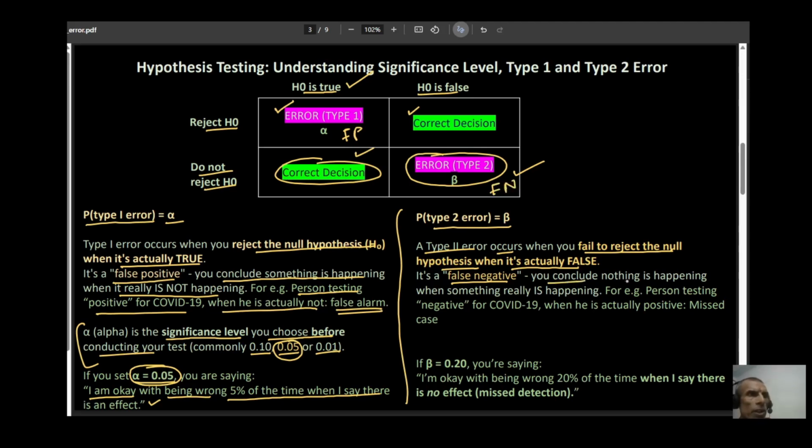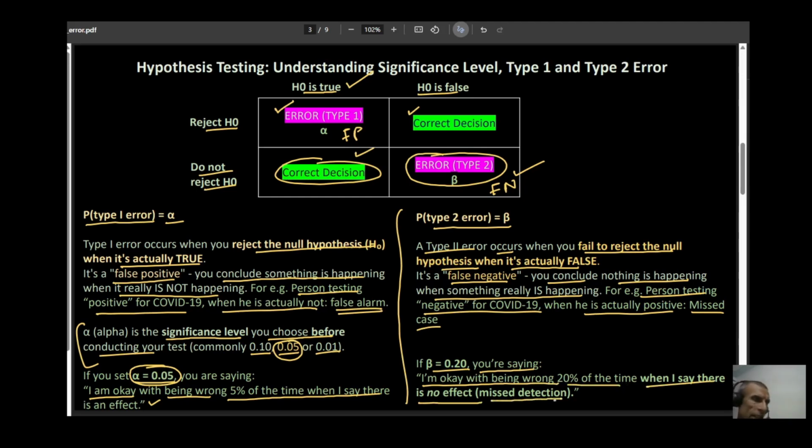You conclude that nothing is happening when something really is happening. For example, a person testing negative for COVID-19 when he is actually positive. In other words, this was a missed case. Now, let's say beta equal to 0.20. What you are saying in essence is, hey, I'm okay with being wrong 20% of the time when I say there is no effect. In other words, there is a missed detection.